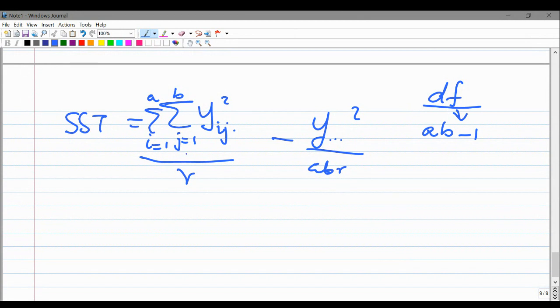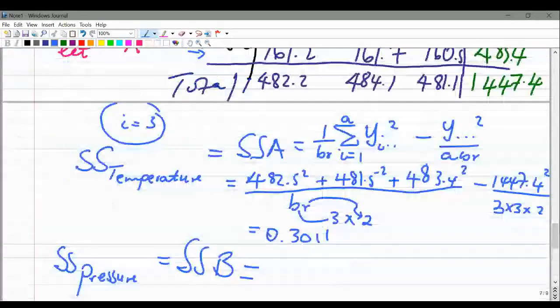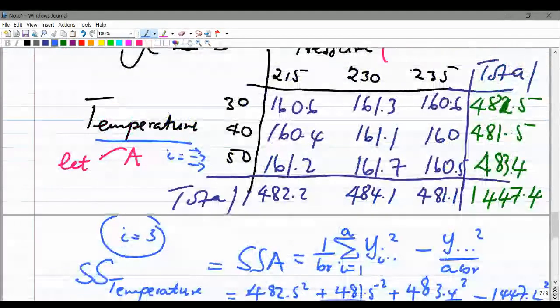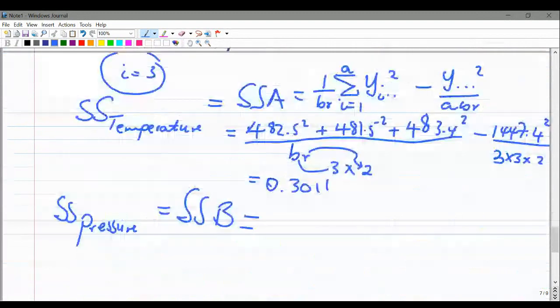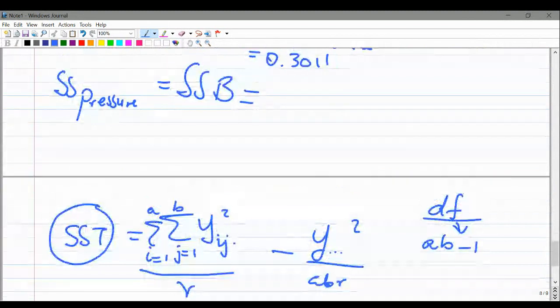Because remember, we managed to get this using the combinations. So what I want from you guys is, based on our example, how many combinations do we have here? Let's write them down. 9, right?